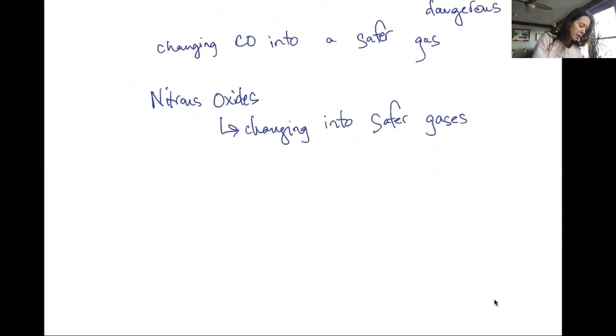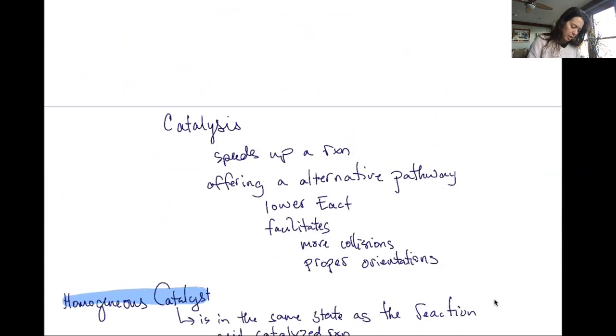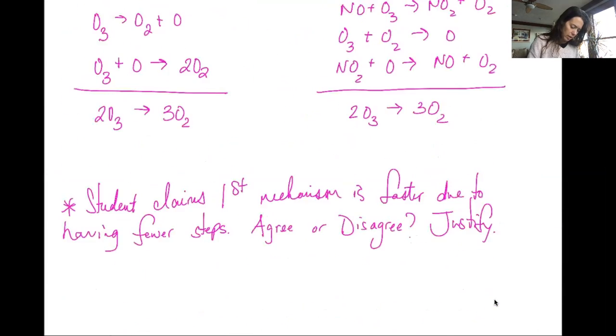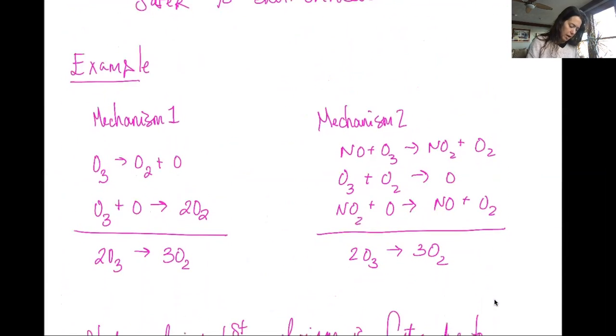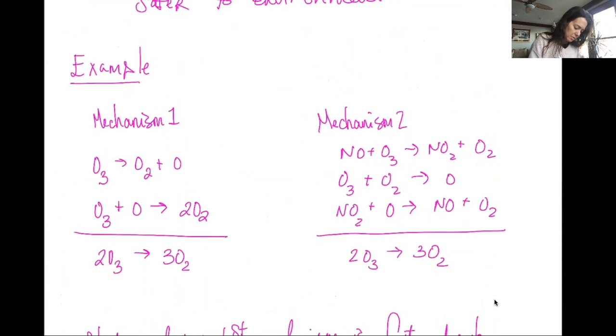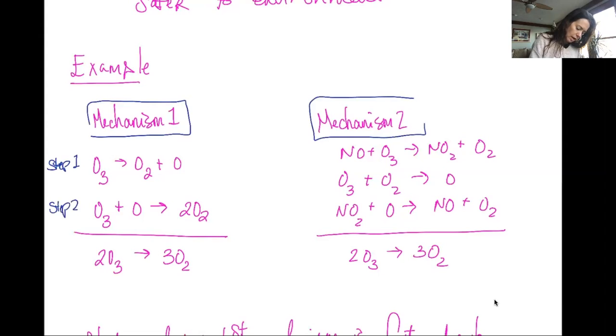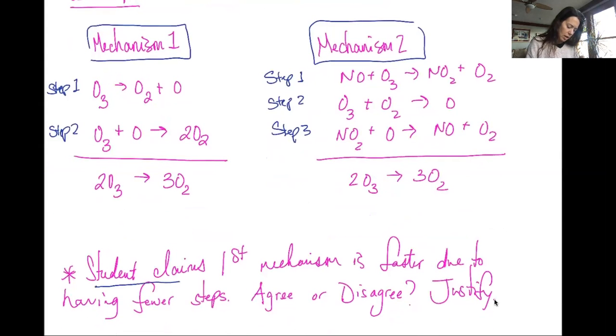One more thing I'd like to look at would be this example here. You are offered two mechanisms. Mechanism 1, which has 2 steps, and mechanism 2, which has 3 steps. A student claims that the first mechanism is faster due to having fewer steps.